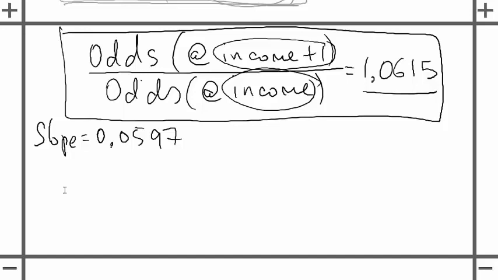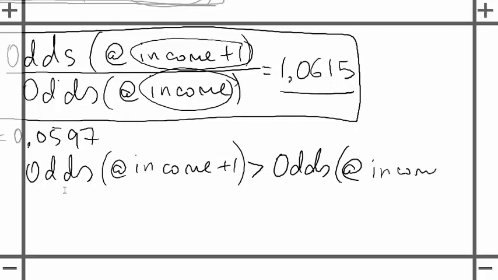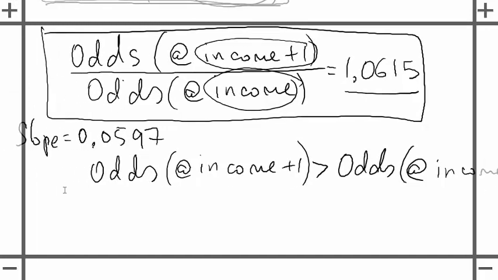If I take one number, divide by another number, and the answer is more than 1, the numerator was higher. So my odds for income plus $1,000 are higher than the odds at the old level of income. Number 1 divided by number 2: if the ratio is higher than 1, then the first number was higher. Simple as that.